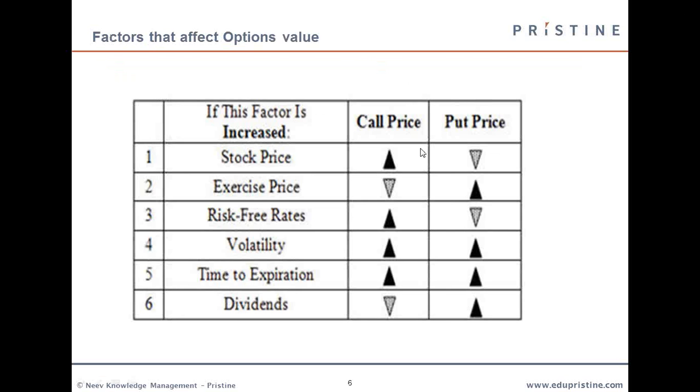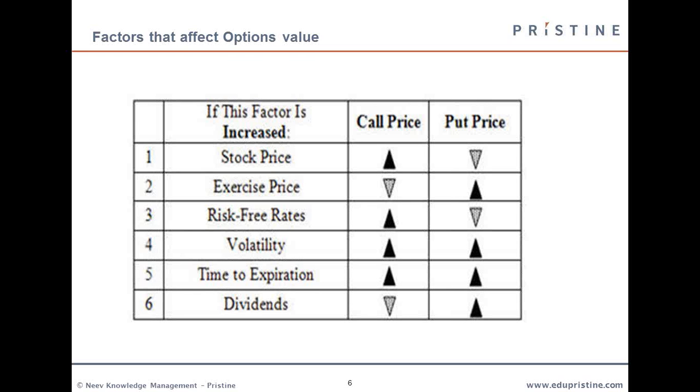The call and put, there are two kinds of options as I already said, call and put. The stock price, in case of stock options, is obviously the first factor that affects the call and put prices. If the stock price increases, the call price increases. Why? Because a call gives you the right to buy.